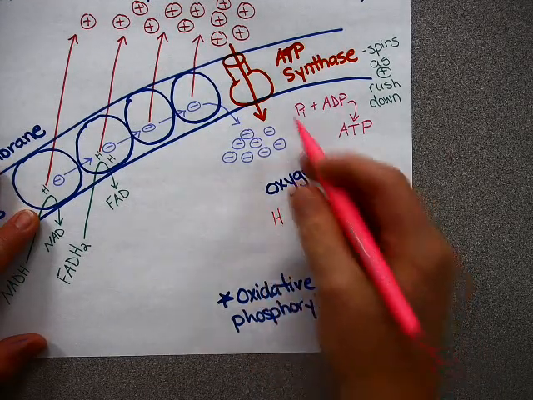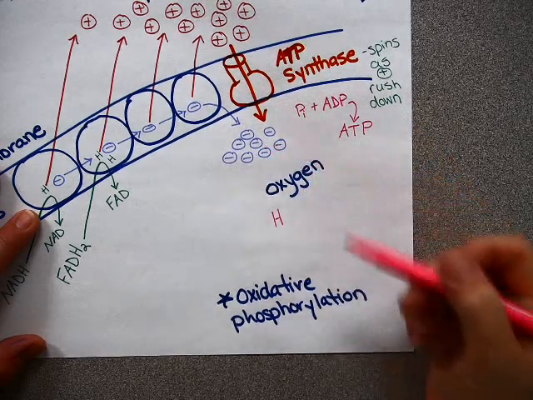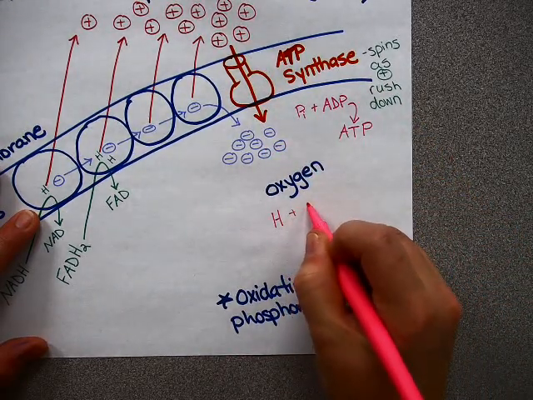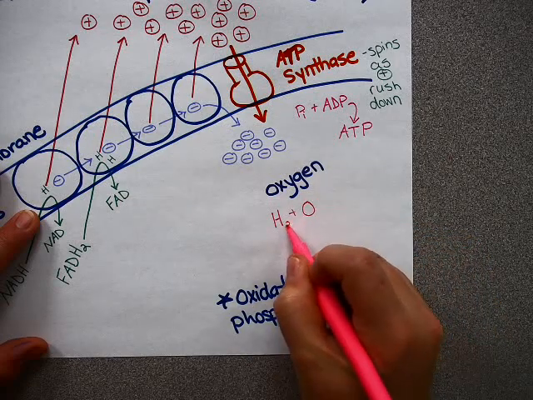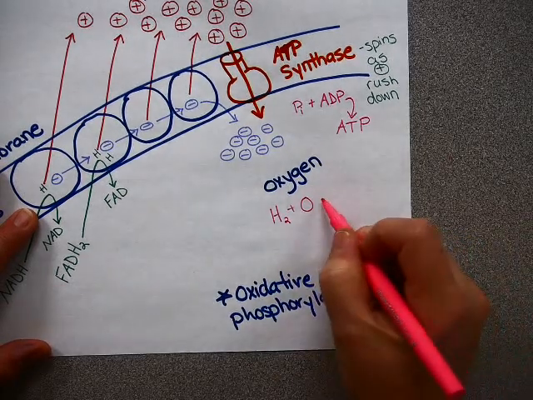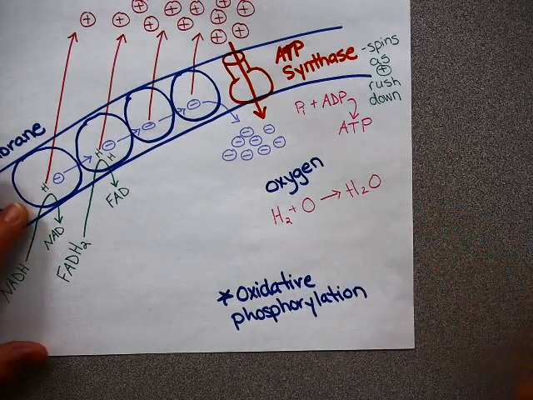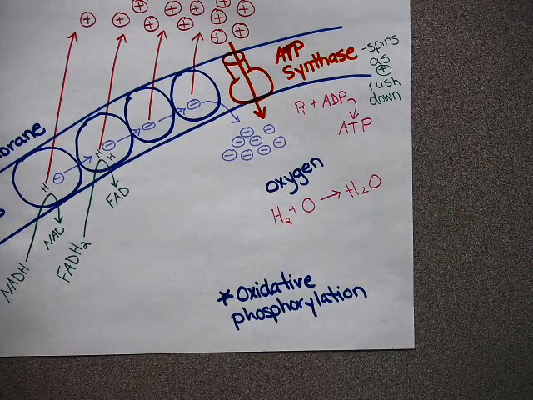The H's, once they recombine here, plus and a minus makes an H. It'll also join with oxygen. Actually, I'll need 2 hydrogens and an oxygen, and I will make H2O. So there's a waste. That's where we get the other part of that equation. We got carbon dioxide, we got ATP, and we got water.